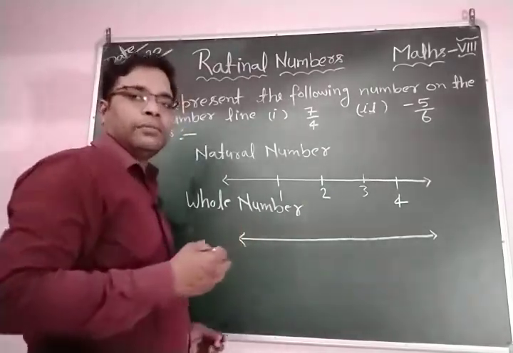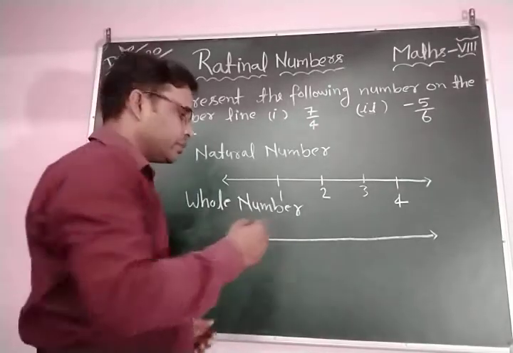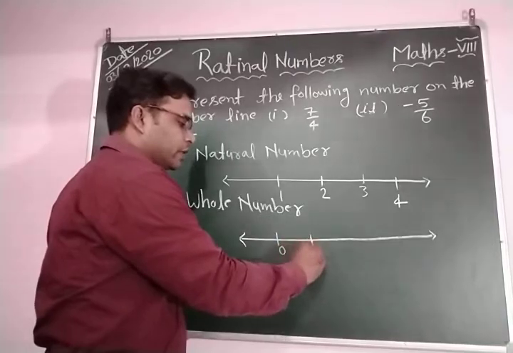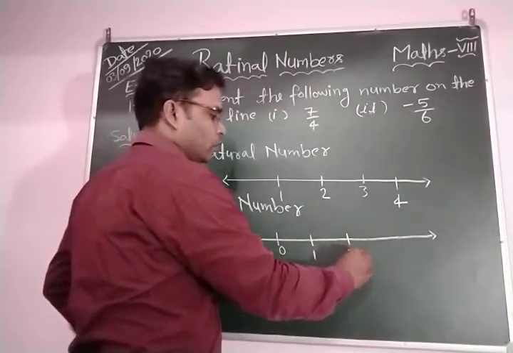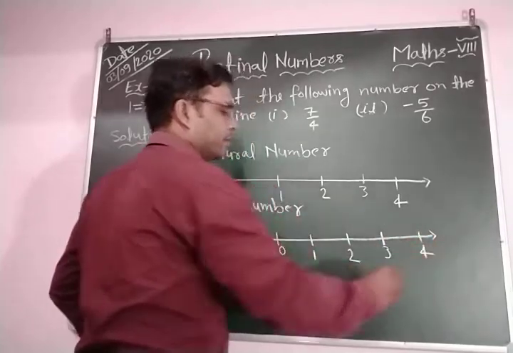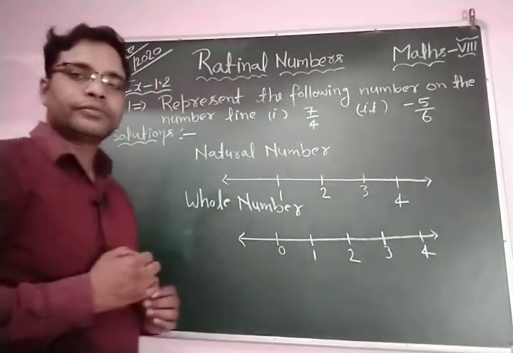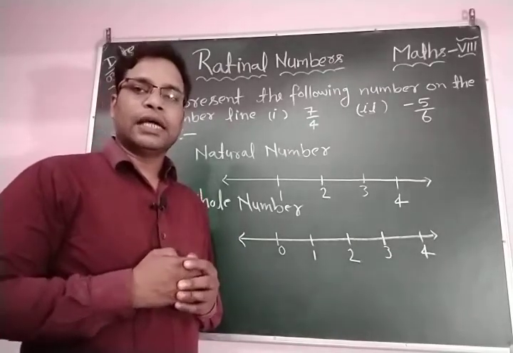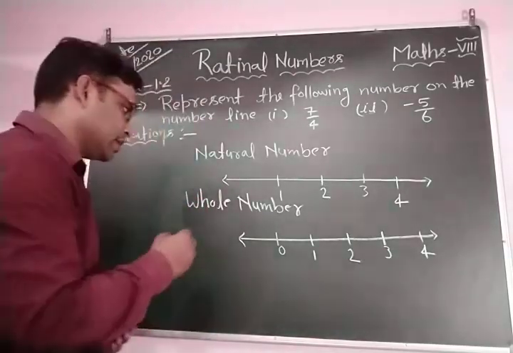Whole numbers start from 0. So we use 0 here. After this 1, 2, 3 and 4.